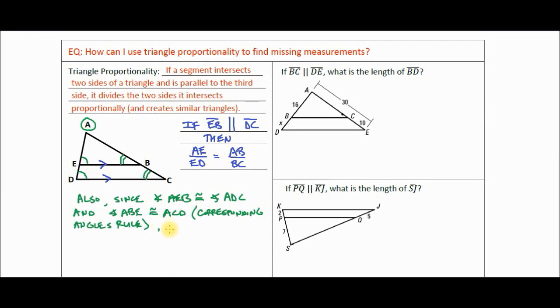So we can say, since these angles are congruent, and these angles are congruent, then by the AA theorem, we know that these two triangles are similar.